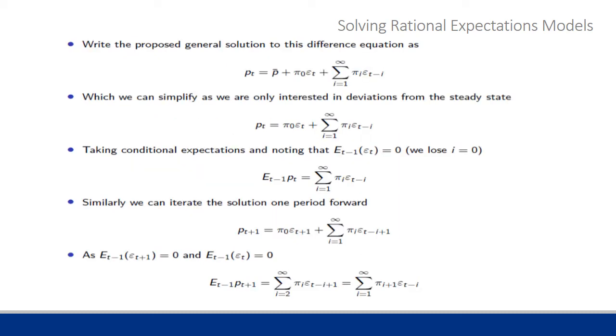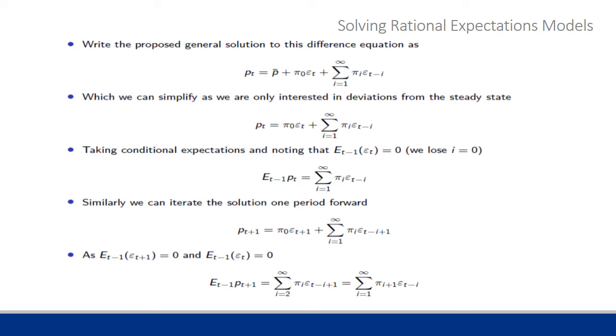For the Muthian method, we need to propose a general solution just as we do when we're solving differential equations. A general solution that has undetermined coefficients, here pi 0 and pi i. We find the value of these coefficients, and that gives us the solution, the price.